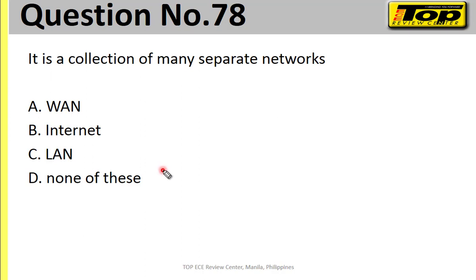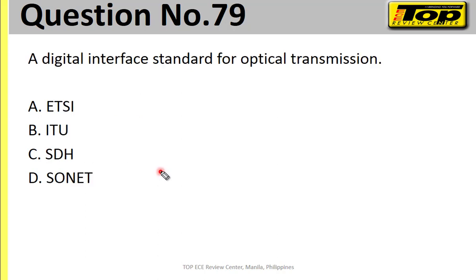It talks about the geographical area. So when you say collection of many separate networks, that is not one. That is internet, letter B. Okay? Next, number 79. The digital interface standard for optical transmission, what do we call this? We call this the SONET, letter D, SONET, for optical transmission, the digital interface.